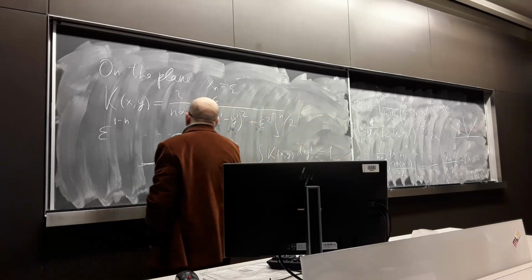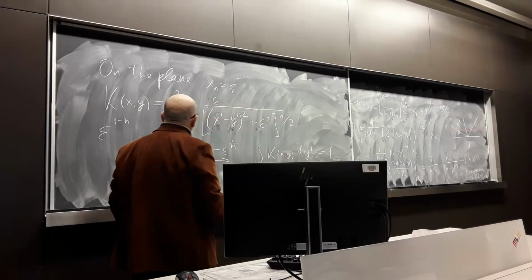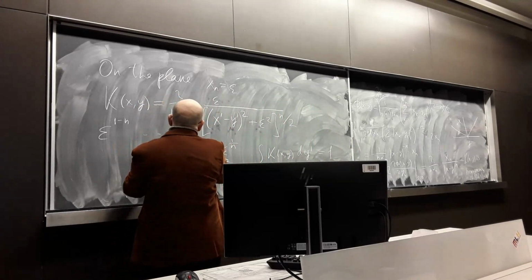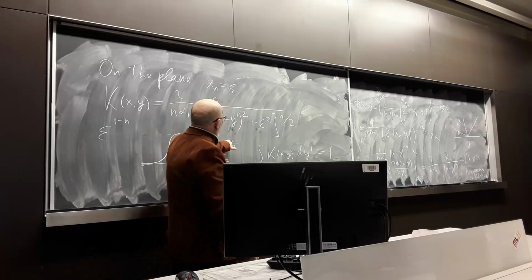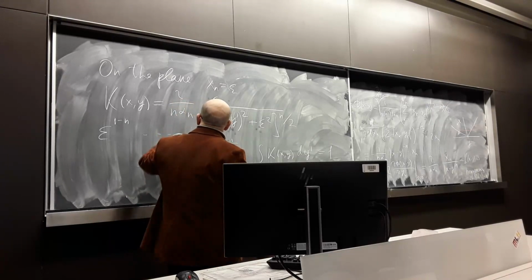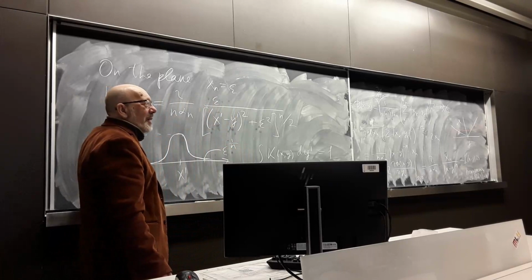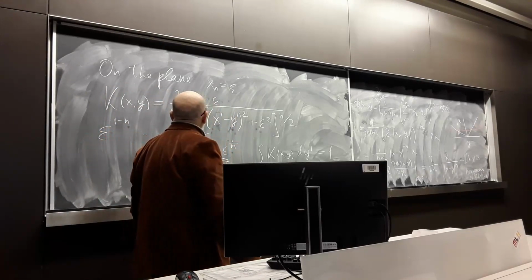What I wanted to say is that this is a delta-like function. When epsilon goes to 0, its domain where this function is considerable shrinks, like epsilon to the power 1 over n, and its height grows like epsilon to the power 1 minus n. And all in all, the integral remains 1.